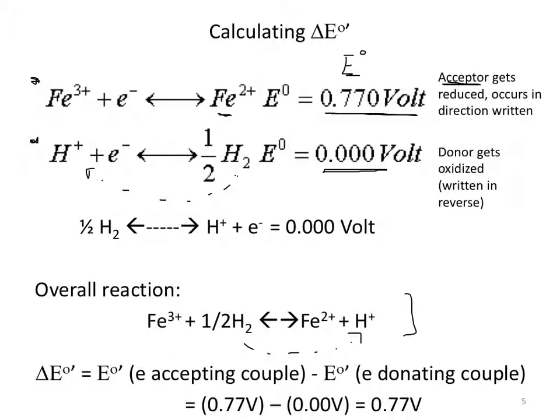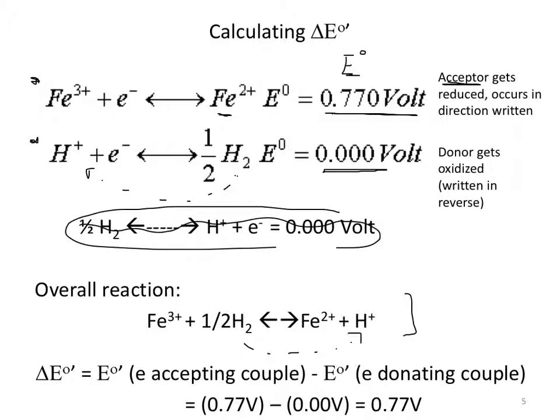So the overall reaction, again, is shown down here, and we can calculate the delta E value using the equation that I mentioned on the previous slide. The final delta E value is 0.77 volts. Notice that it is a positive delta E.